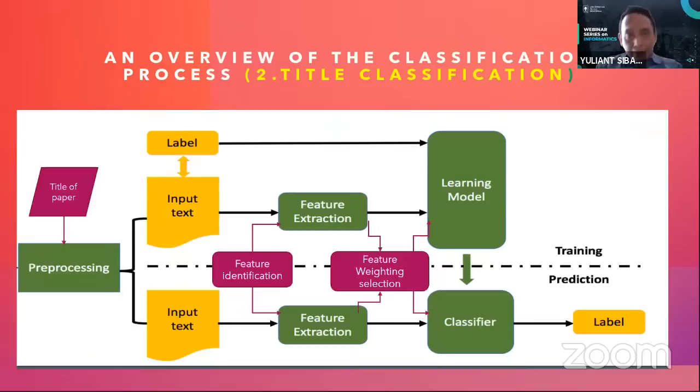In feature extraction, we extract the features that we define, and continue with feature weighting and selection. This process is used to create a weight value for the n-gram feature, usually the bag of words feature. Usually this technique gives more accurate results.